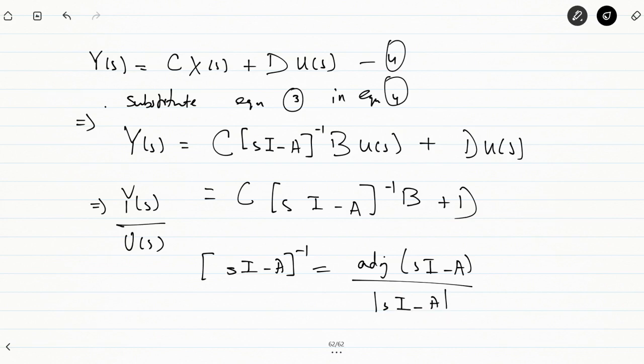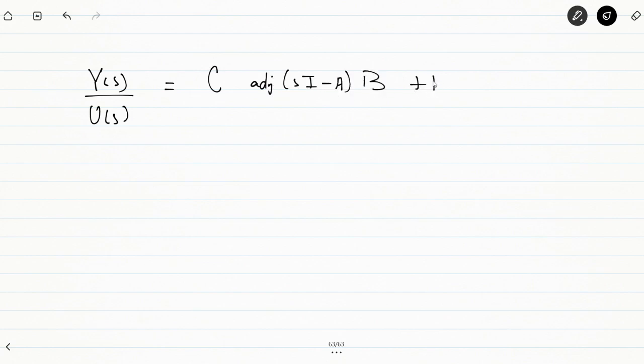So that means Y(s) divided by U(s) is equal to C adjoint of (sI minus A) B plus D, divided by the determinant of (sI minus A). We know that the denominator of a transfer function is basically the characteristic equation.